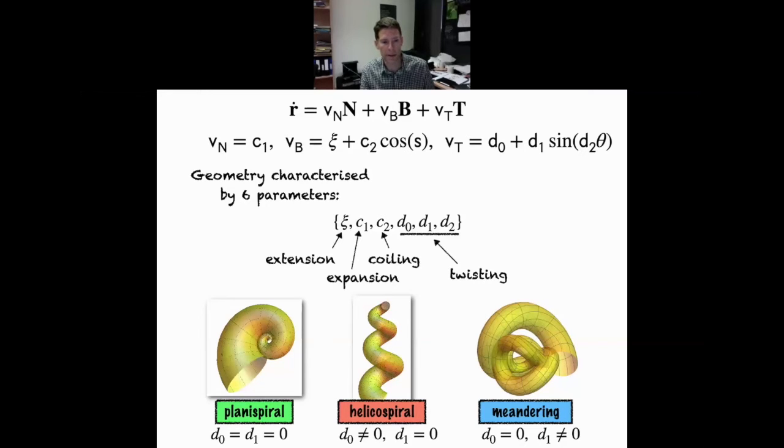So in the planospiral case, there's no twist. D0 and D1 are both 0. In this helicospiral case, the D0 is not 0, but D1 is 0. So that's constant twist. And in this meandering case, D0 is 0 and D1 and D2 are not 0. So we get an oscillatory twist.